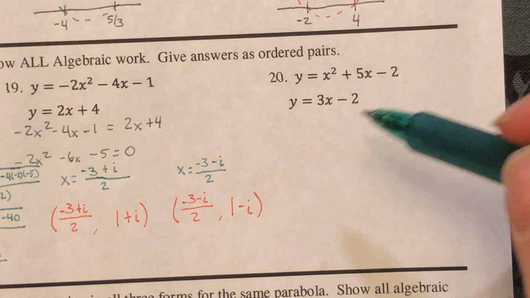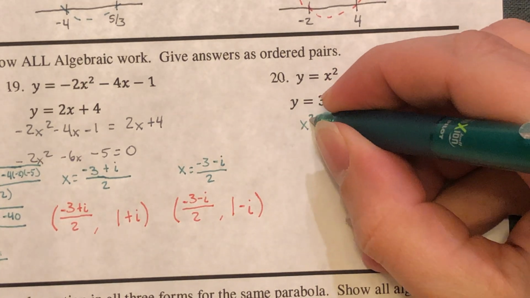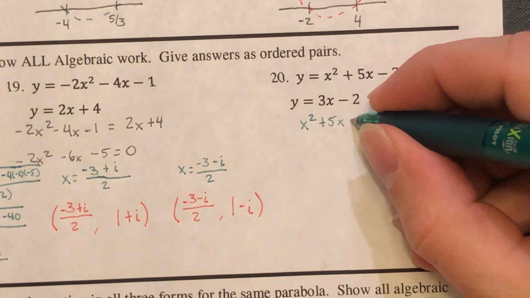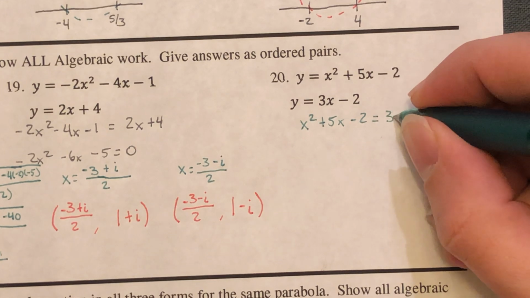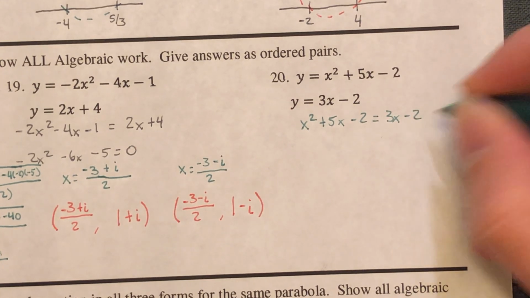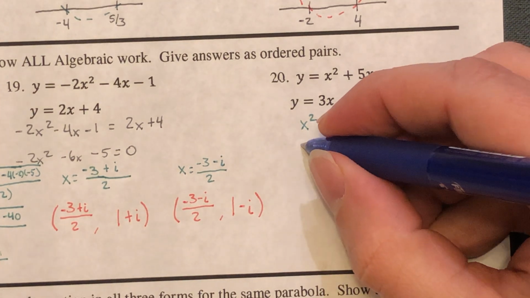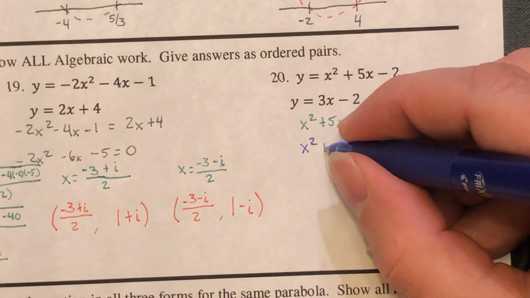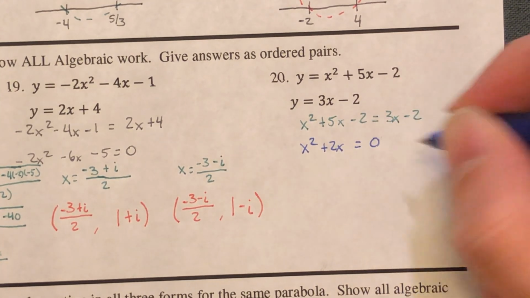Looking at number 20, I'm going to set these equations equal to each other. So I have x squared plus 5x minus 2 equals 3x minus 2. Move everything over to one side. I have x squared plus 2x equals 0.